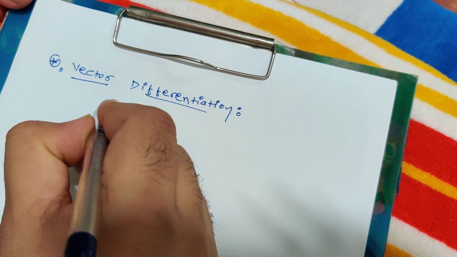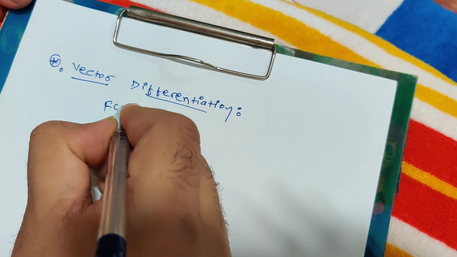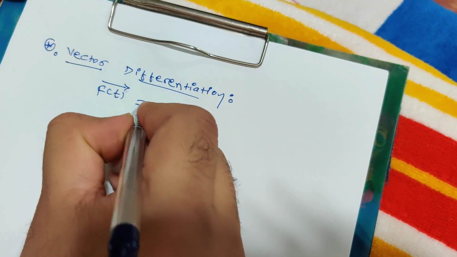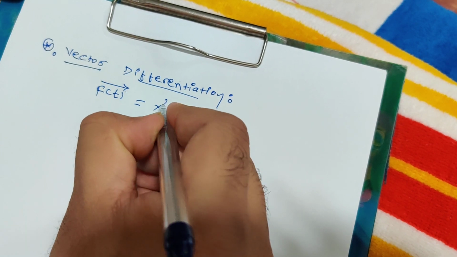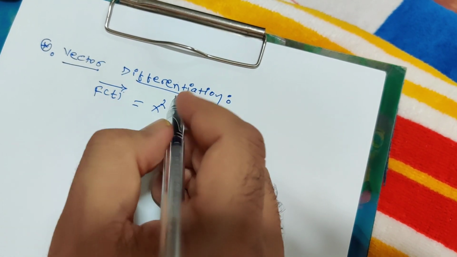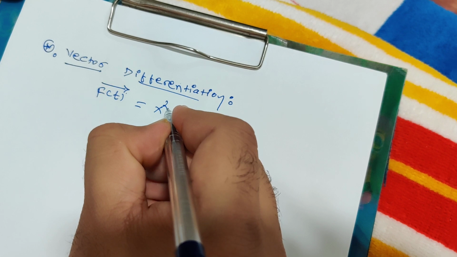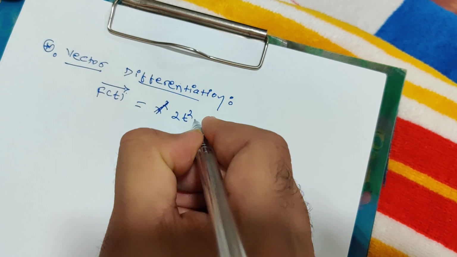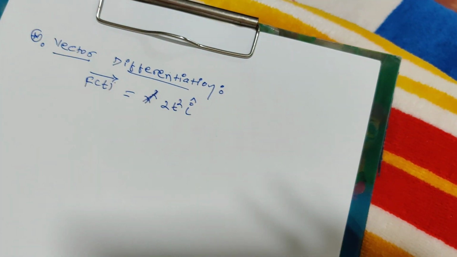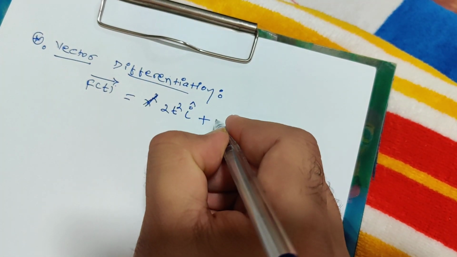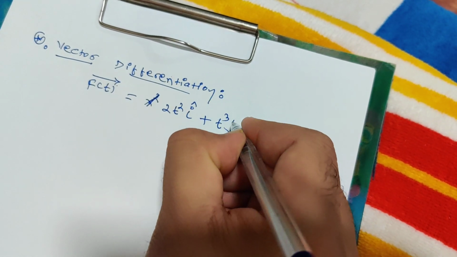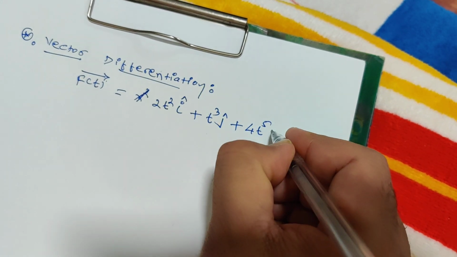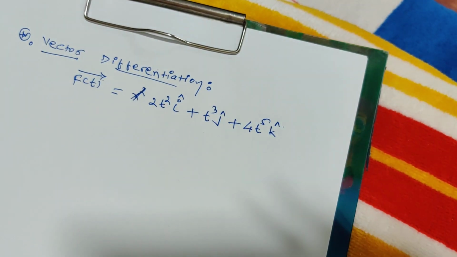Say for example, we have one vector f of t. This can be written like this, f(t) = x square, which is equal to 2t square i caret plus t cube j caret plus 4t raised to 5 k caret, students.